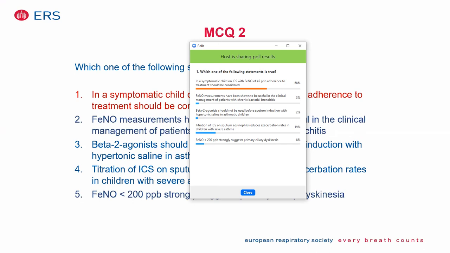Titration of ICS on sputum eosinophils unfortunately has not been shown to reduce exacerbation rates in children with severe asthma. And it's nasal NO less than 200 ppb that strongly suggests primary ciliary dyskinesia.